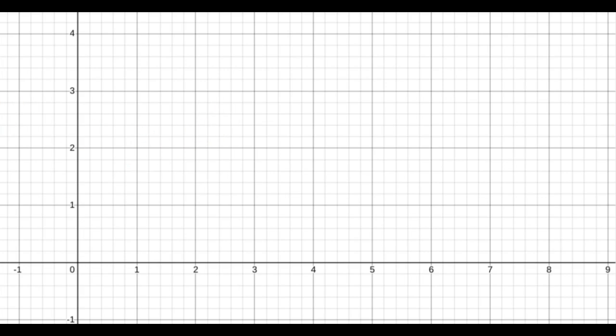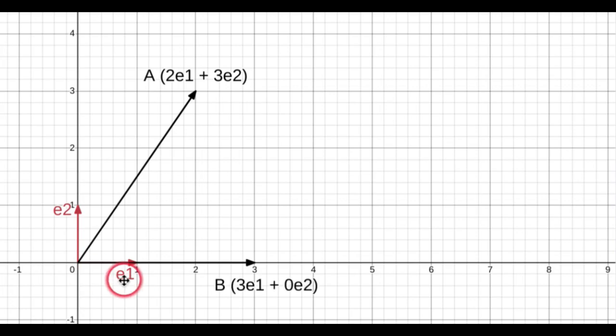Okay, so we start with our old friends, the orthonormal basis vectors E1 and E2, and we write down our vectors. This is vector A, and this is vector B. I intentionally put B on the y-axis so it's flat, which makes more sense to me. What is the dot product of A with B?